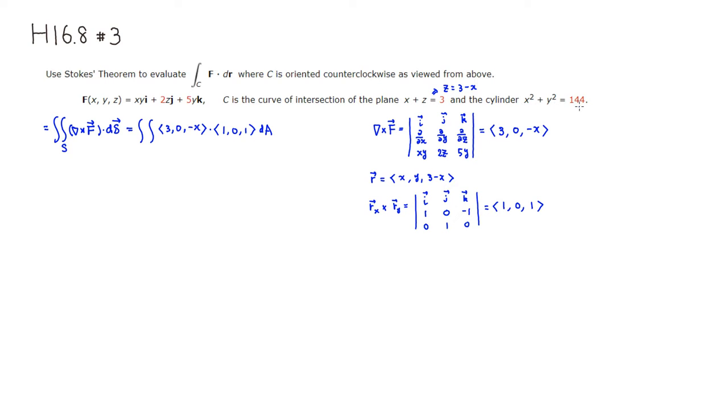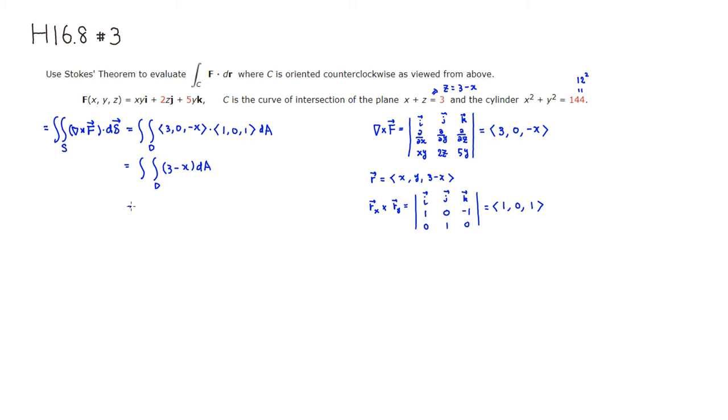It looks like the radius is 12 because 144 is 12 squared, so this is over the disk, which I'm going to call D. So we have a double integral of 3 times 1, so 3 minus x, dA over D.